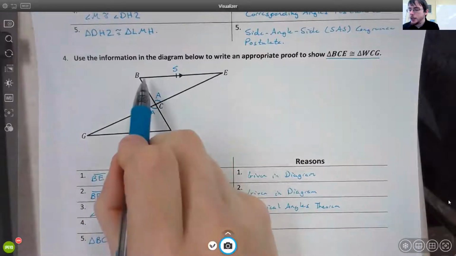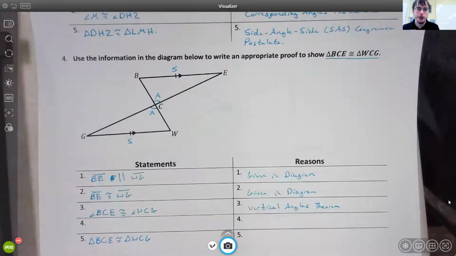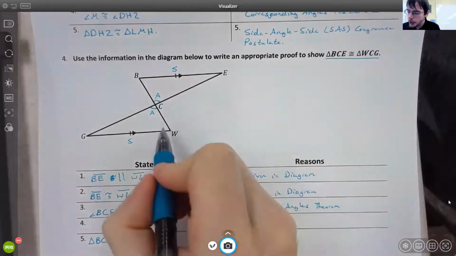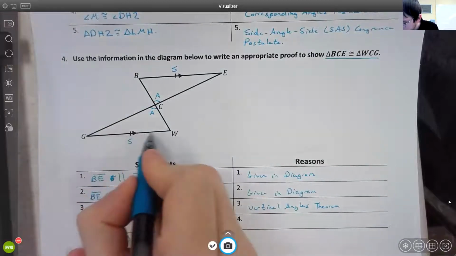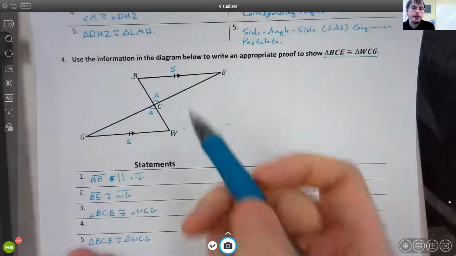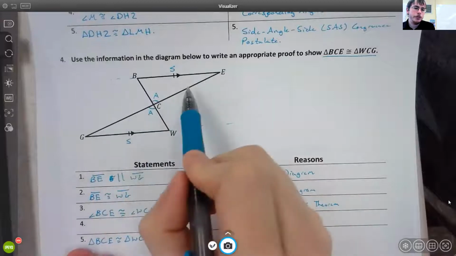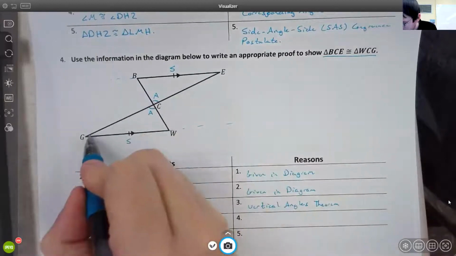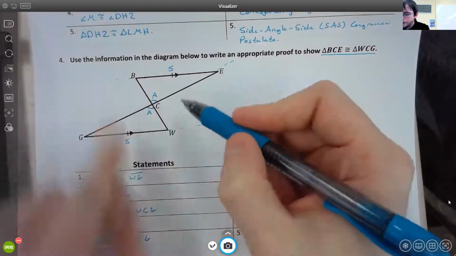So anytime that you are given parallel lines, you probably want to start looking for some congruent angles. Okay, so let's look here. Let's see what types we have here. We have this parallel line here and this parallel line here. There are two different transversals here. Okay, I'm going to use this transversal here. Now let's look here.